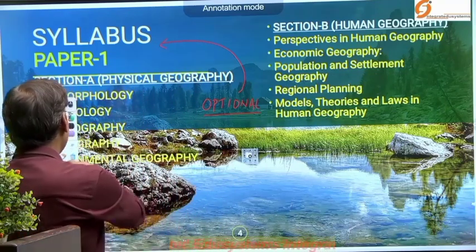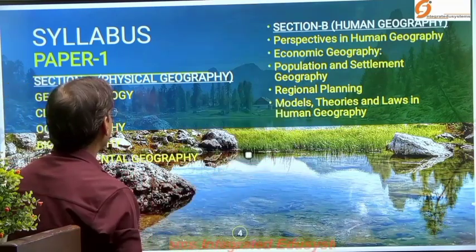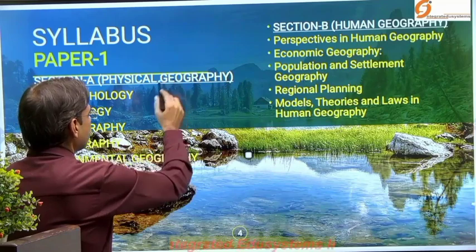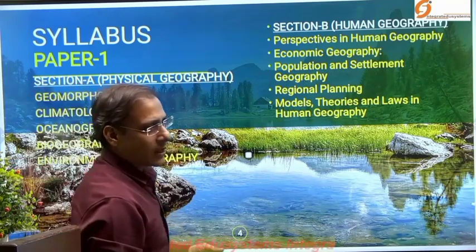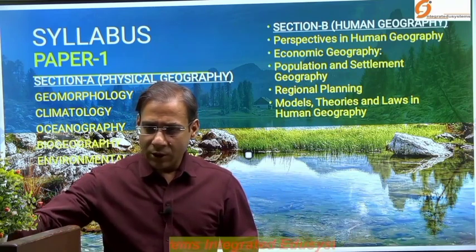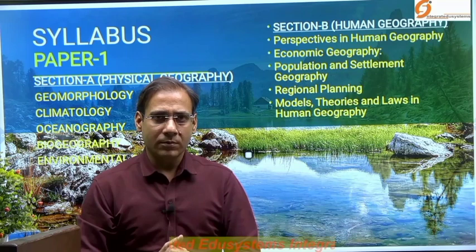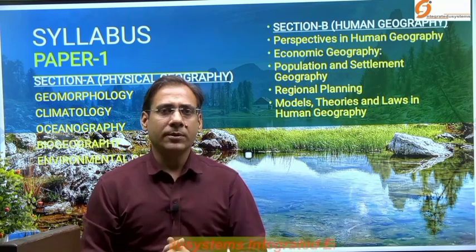Paper 1 has 2 sections: one is physical geography, another is human geography. When you learn geography, there is always dualism and dichotomy.